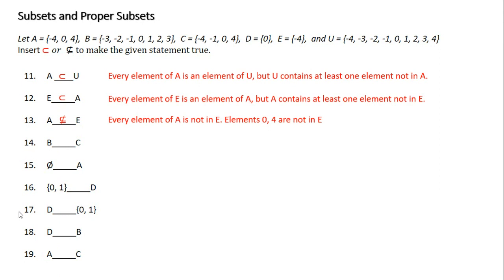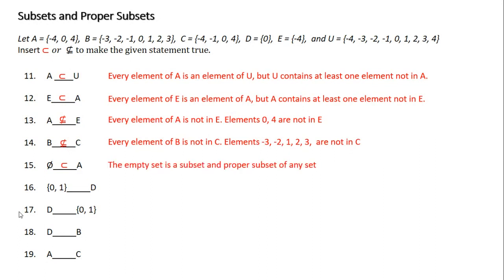How about 14? B and C. B is again not a subset of C, because -3, -2, 1, 2, 3 are not in C, right? How about 15? The empty set and A. This one is a proper subset, because the empty set has nothing in it, and the empty set is a proper subset of any set.